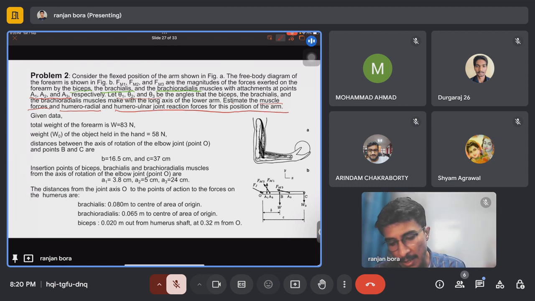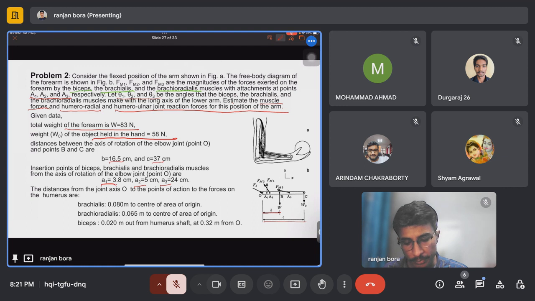These are the given data: total weight of the forearm 83 Newton, weight W naught of the object held 58 Newton, and distance between the axis of rotation of the elbow joint and points B and C. These distances are given as 16.5 and 37. And insertion points of biceps, brachialis and brachioradialis muscles are given, A1, A2, A3.